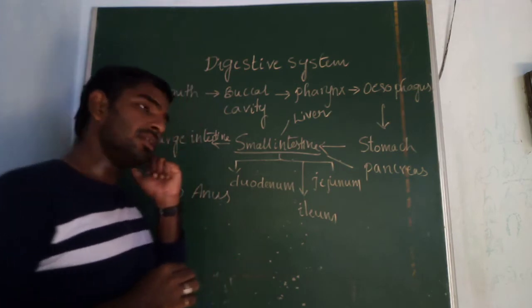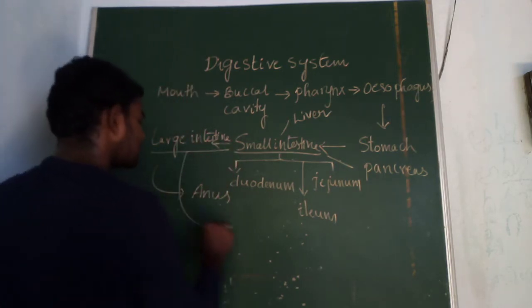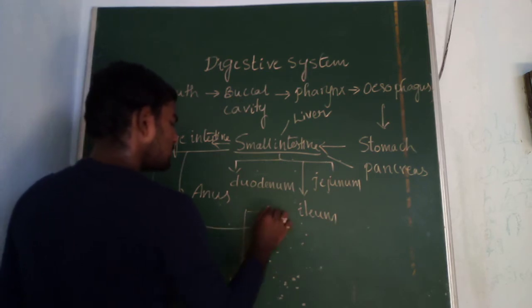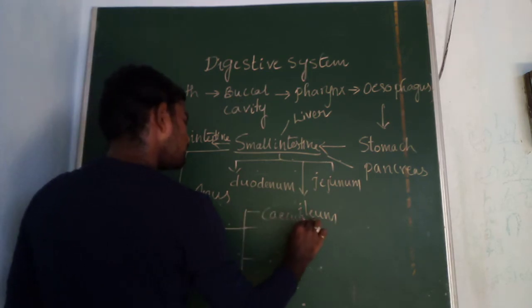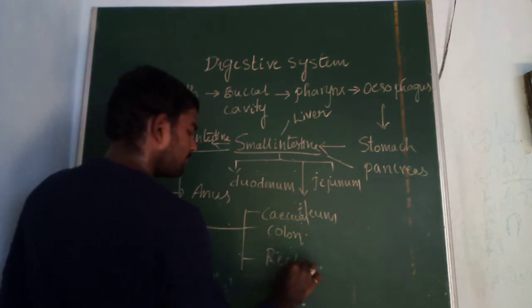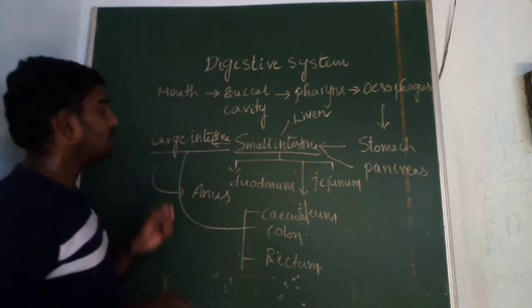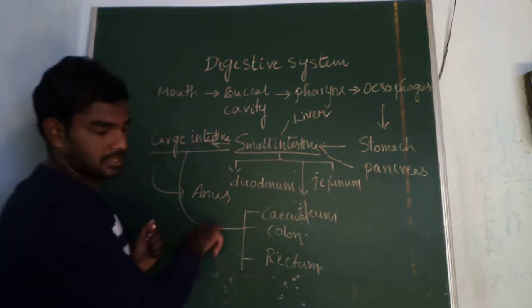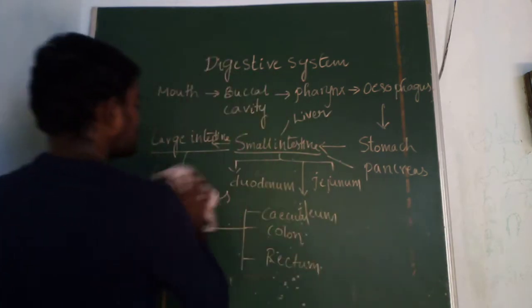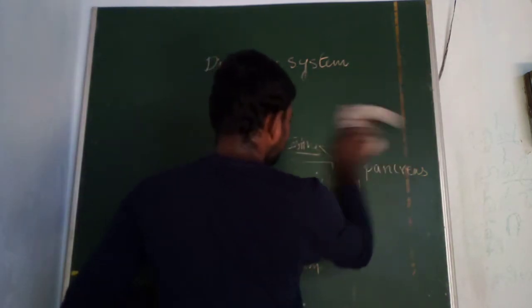They help in the digestion process. And the large intestine again has three parts: the first one is cecum, colon, and rectum. So this is the flow chart of the digestive system, starting with the mouth and ending with the anus. Let us see the digestion process, how it takes place and how enzymes are involved.